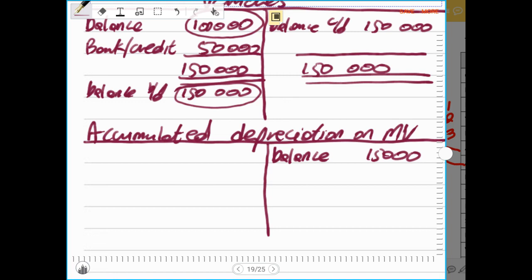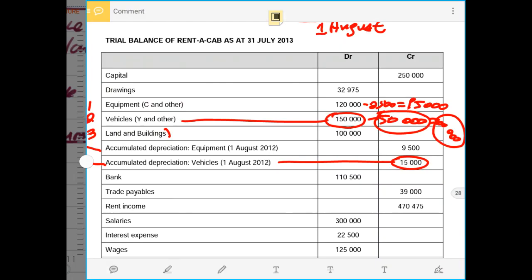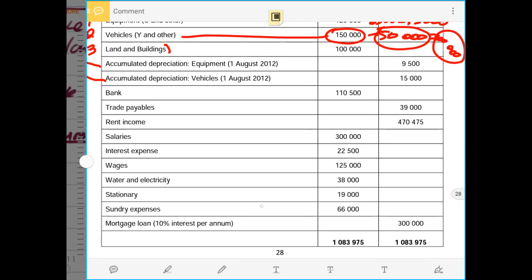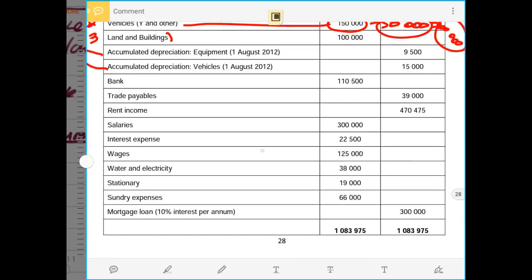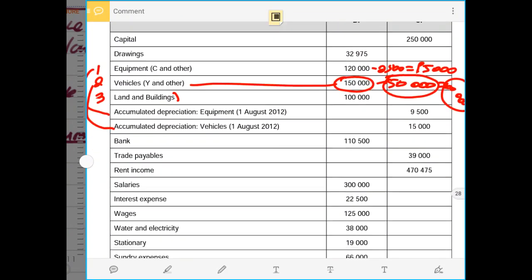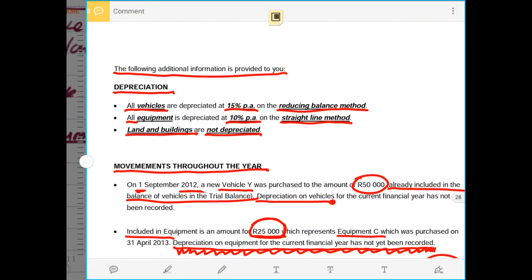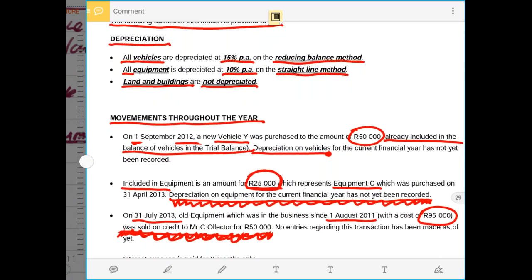Then after, we have to record depreciation during the current financial period. So now we first have to check how much is the cost of our vehicles. We know that cost of our vehicles is 150,000 rands in total, and we know that out of that 50,000 is for the new vehicles. So now we have to come to the adjustment and check.